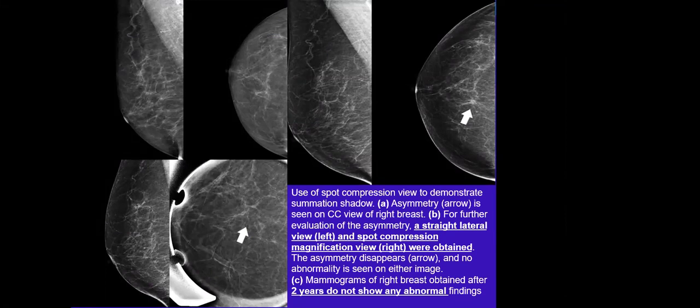If I ask you, are you confident that it is an asymmetry or it might be a focal asymmetry? I'm not so confident because there is something in the MLO, but it does not have the same shape. It doesn't seem to be on the MLO. But my question is in the other way.